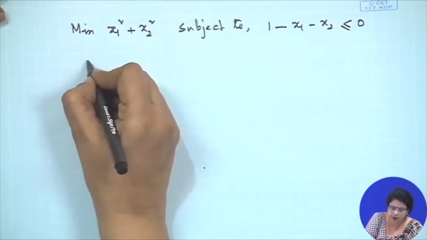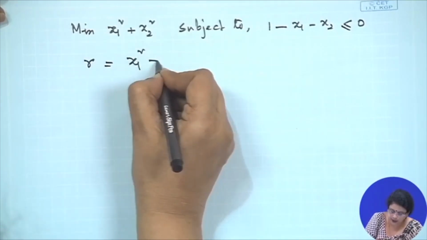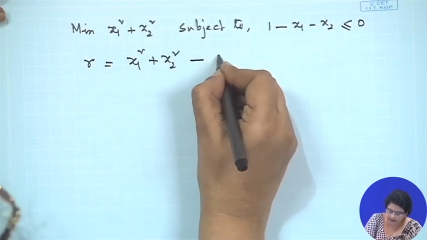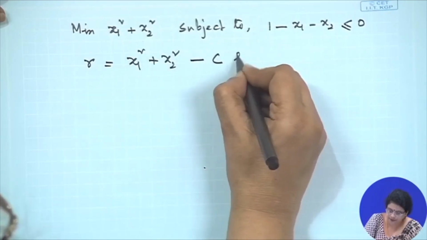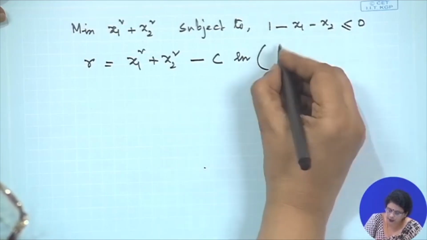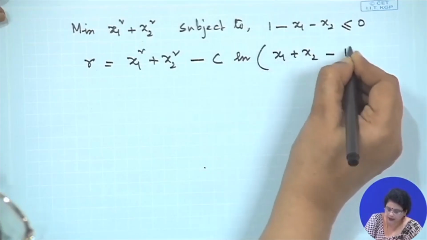Consider the barrier function r equal to x1 square plus x2 square minus c ln of minus of these, that is why it will be x1 plus x2 minus 1.